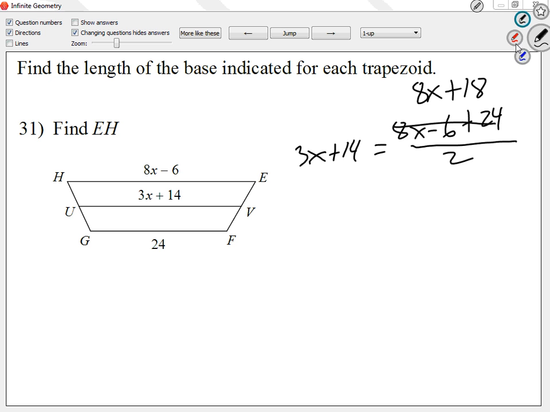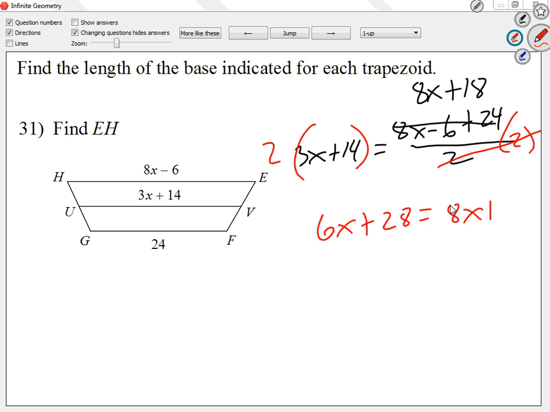Now let me multiply both of my sides by 2. I'm going to get rid of fractions at the right. What do I have at the left? 6x plus 28, good, is equal to 8x plus 18. Just checking if you guys were going to multiply it to both. Alright, my positive 8x, let me bring it to the left as a negative 8x.